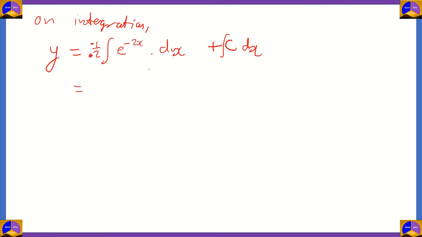So integration of e again gives you minus 1 by 2 into e raised to minus 2x divided by minus 2.